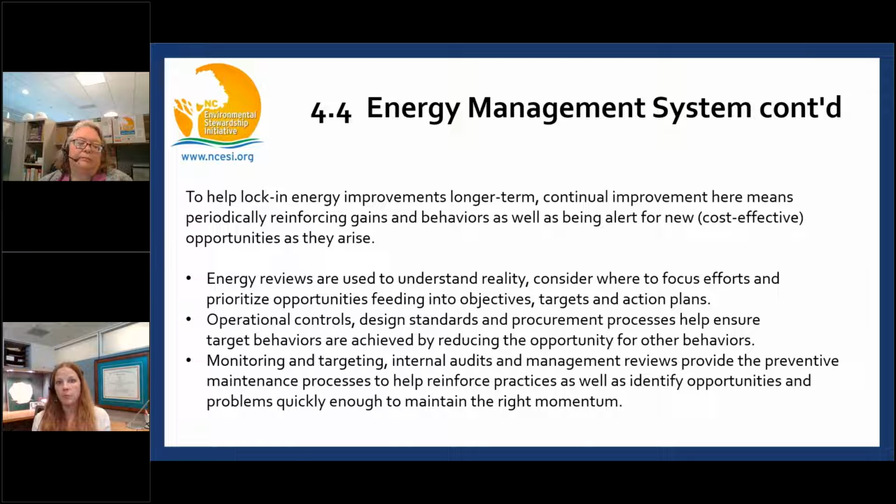So if you have a procurement process that ensures that you buy only energy efficient appliances, for example, then that's going to make sure that you are achieving those targets. And then obviously monitoring those targets, doing your internal audits, having your management review, all of that helps with the continual improvement, making sure that you're going in the right direction.